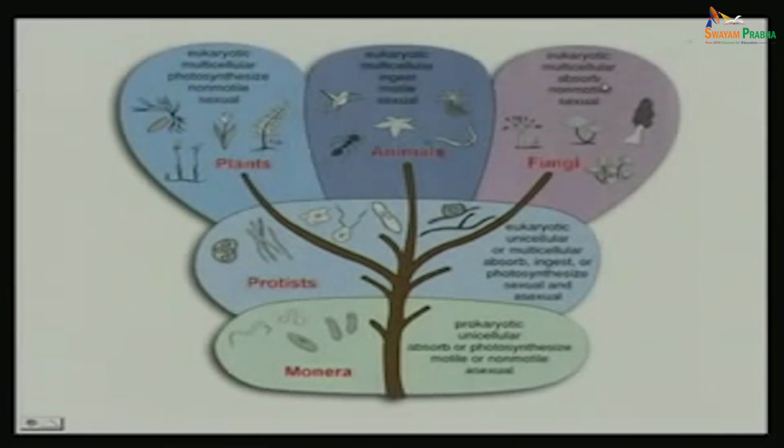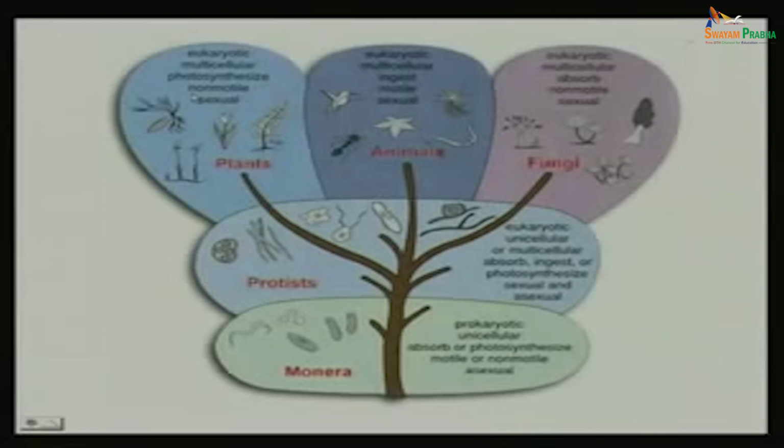If we see the fungal classification, we can find that it is eukaryotic multicellular organism. It can absorb, it is non-motile, and mostly it performs its activity through sexual means. In case of plant, it is also eukaryotic multicellular, but in plant one particular organelle is present called chloroplast, for which it can synthesize its own food through photosynthesis.